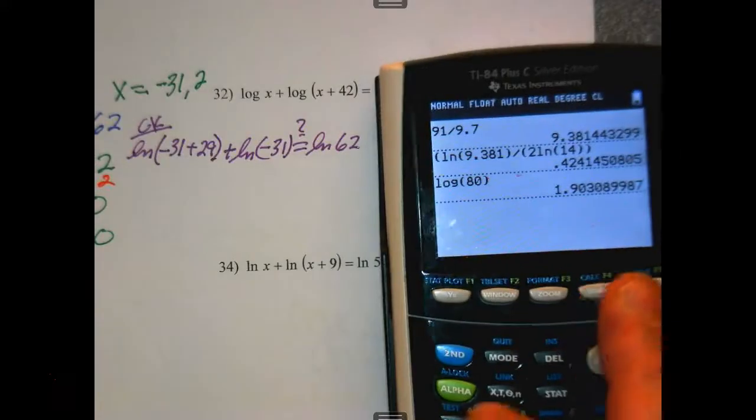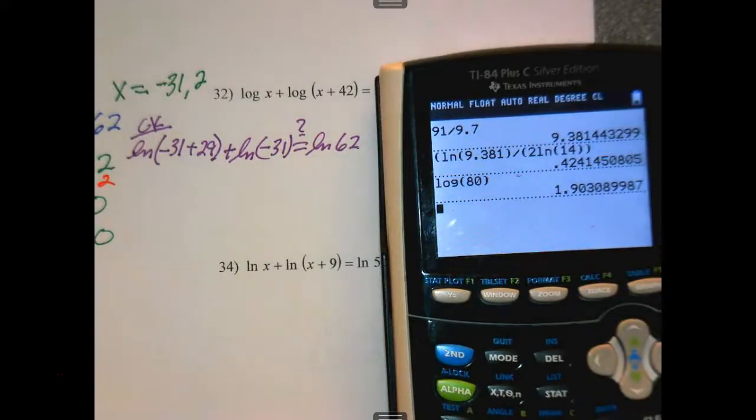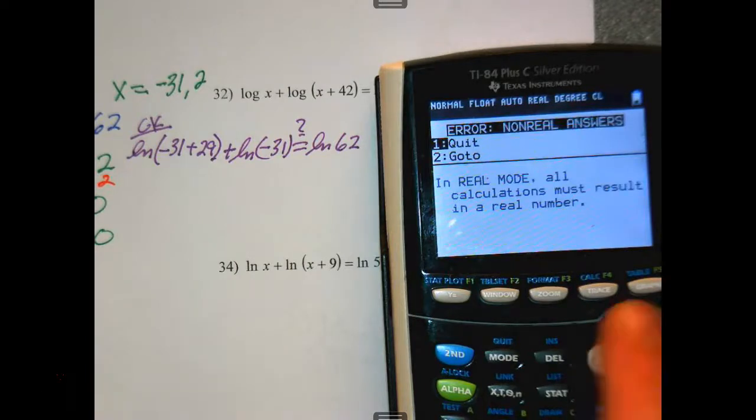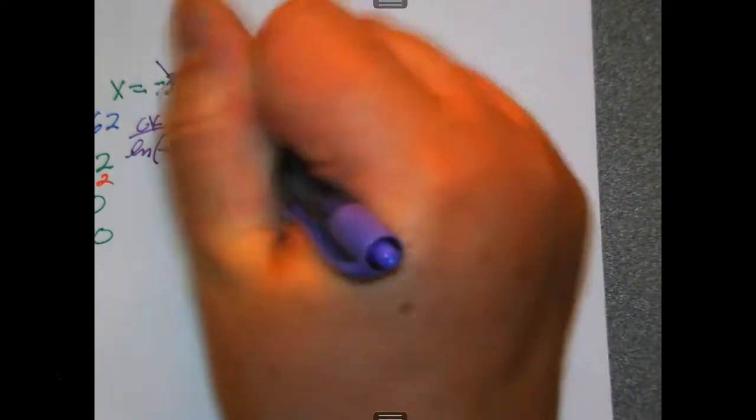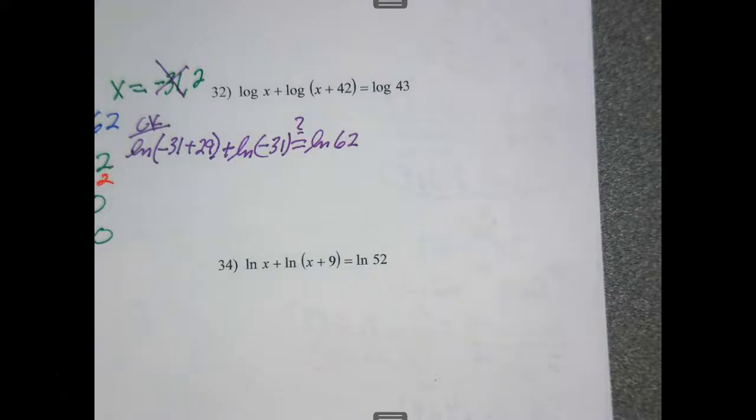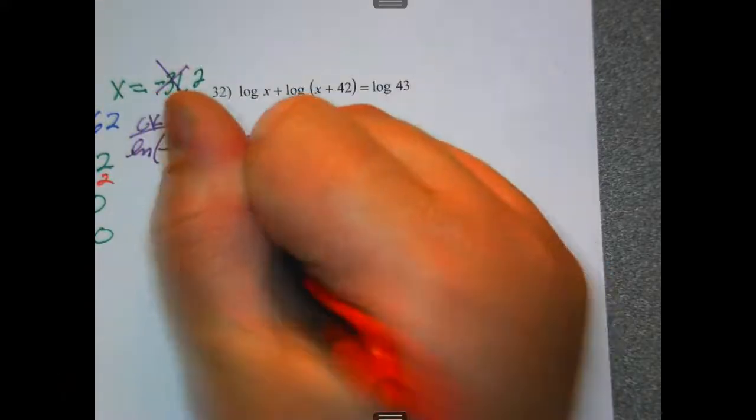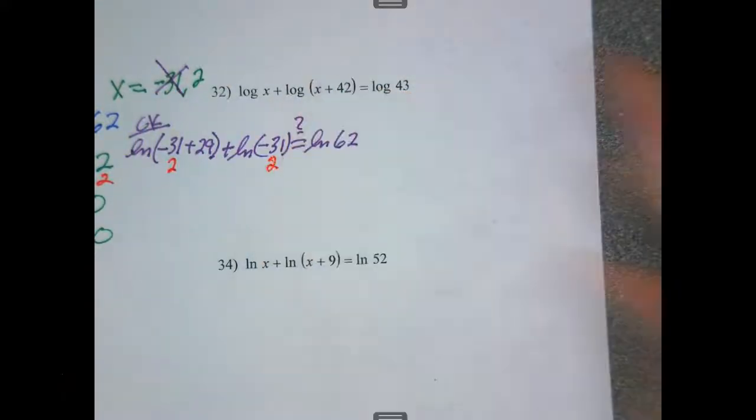What do you think is going to happen here? It's not going to work. Negative 31 doesn't work. What about 2? Plug in 2 instead of negative 31.